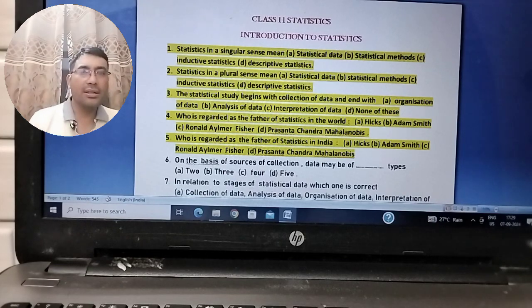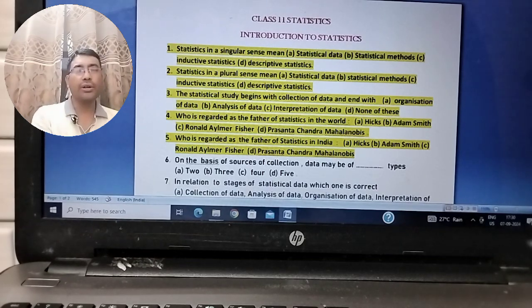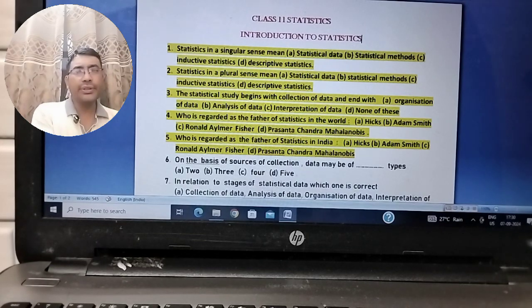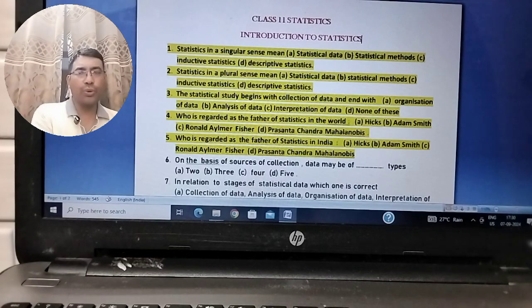Today I will start a new topic in economics, and that is introduction to statistics. You all must know what statistics means exactly. Actually, it refers to some collection of data by some individuals for some definite purpose, or it may be regarded as a method of collecting data.